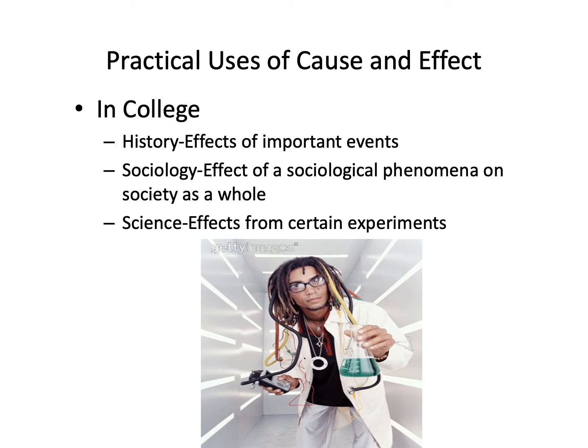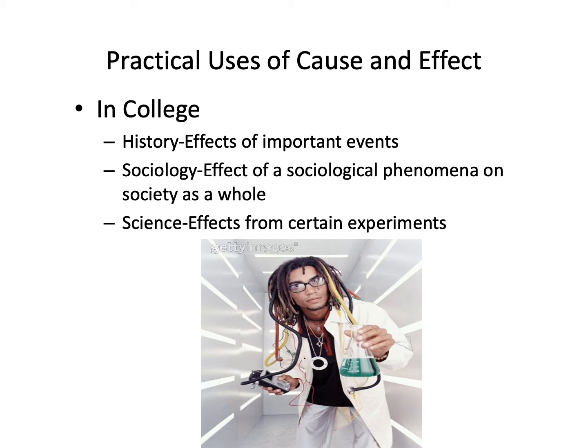So in college, again, history classes: the effects of important events. What effect did the Civil War have on future American history? World War II: what effects on the entire world and what came after? Sociology: the effect of sociological phenomena. One of the things sociologists are spending a lot of time on now is the effect of social media, Facebook, Twitter, TikTok, all of that.